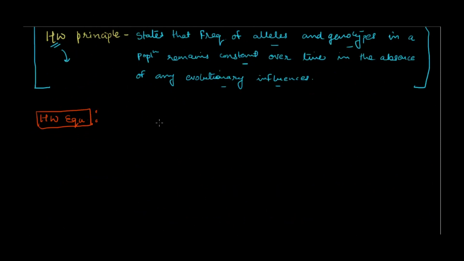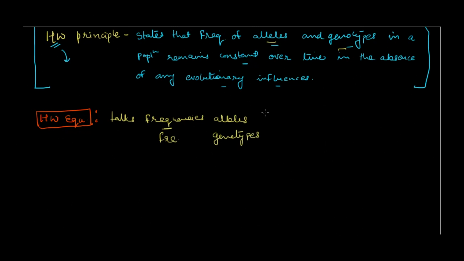Okay, now I'll tell you the first and a very important point that you need to remember throughout Hardy Weinberg equilibrium: it always talks about frequencies. We are talking about alleles and genotypes, right? So it always talks about the frequency of alleles and the frequency of genotypes.